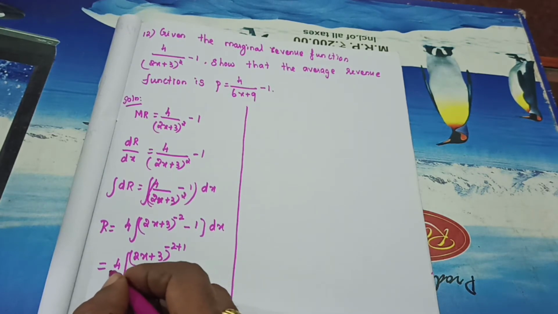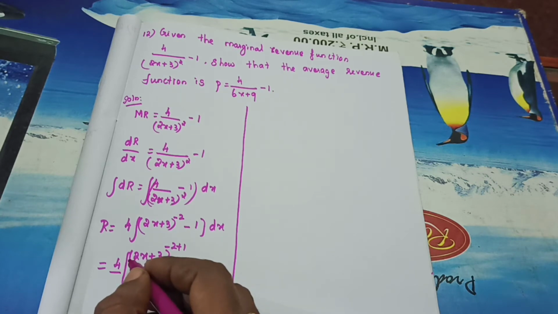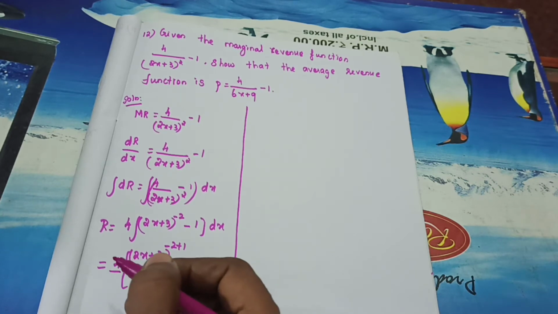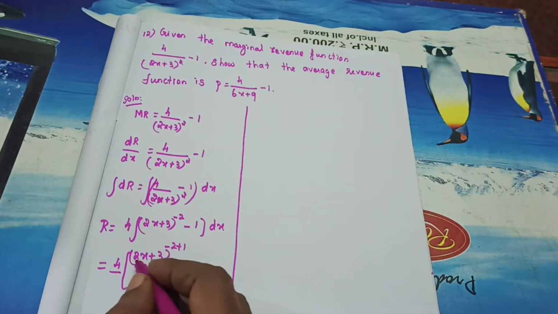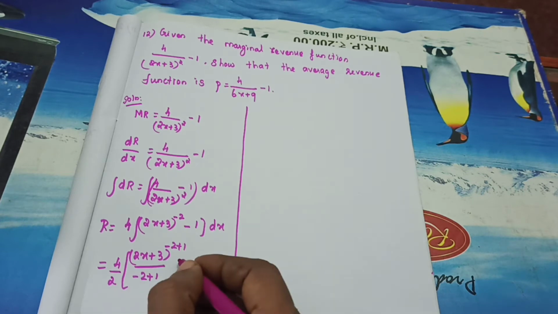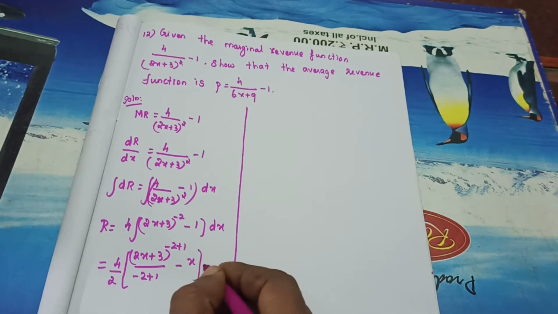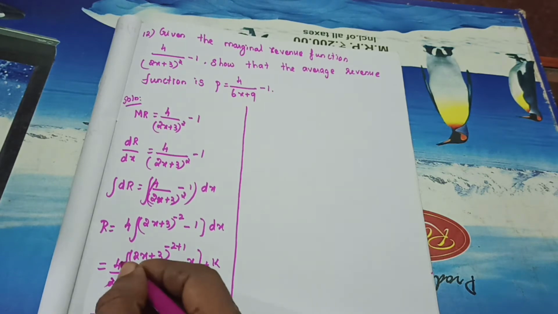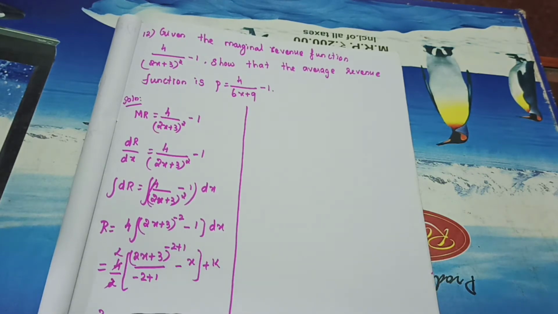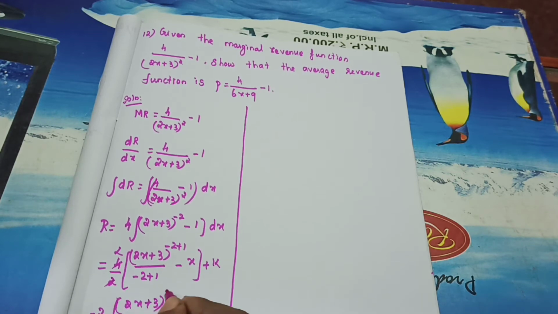As well, what do you need to do? What's the coefficient of x? You need to divide by the coefficient of x. That is, for ax plus b the whole power, you also divide by the coefficient of x. So the coefficient of x is 2, minus x plus a constant, that's equal to 2, correct? So 2 into 2x plus 3 the whole power minus 1 divided by minus 1 minus x plus k.